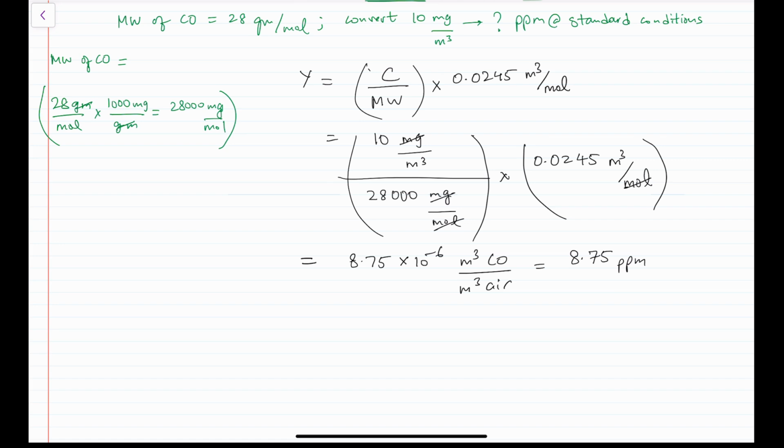Now you might be wondering how I got this. I can do that a bit slower. So that's what we had, 8.75 into 10 to the power minus 6.